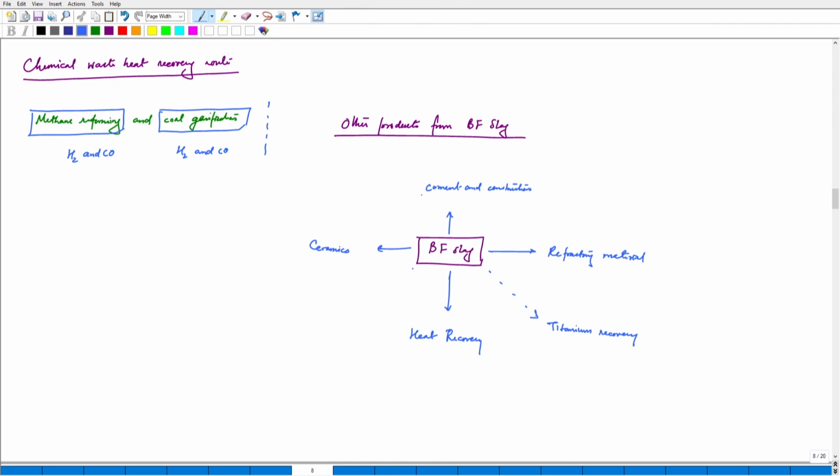And we can also have photocatalytic materials that can be developed using blast furnace slags. So these are some of the additional areas, and of course so many different other routes are being explored for extraction of valuable materials using blast furnace slag.